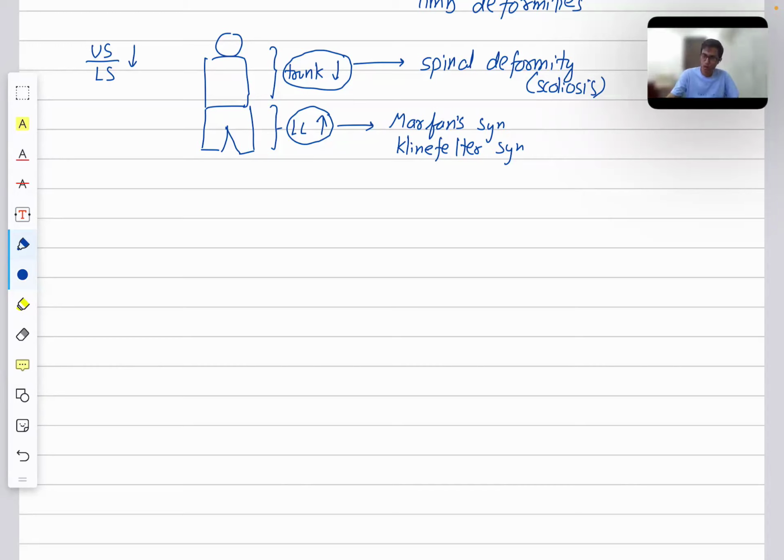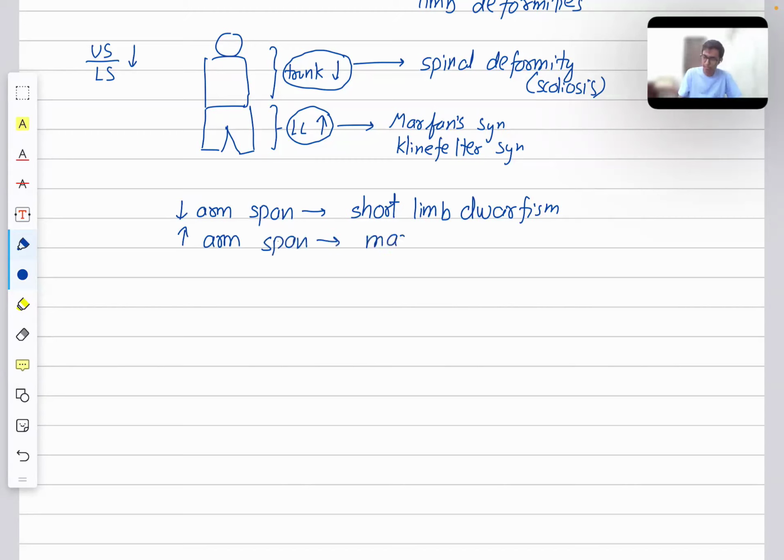A reduced arm span would be seen in short limb dwarfism, and an increased arm span would be seen in Marfan's or Klinefelter syndrome.